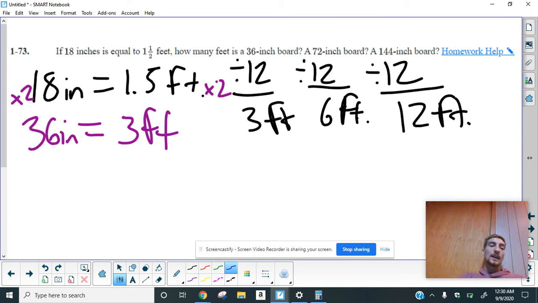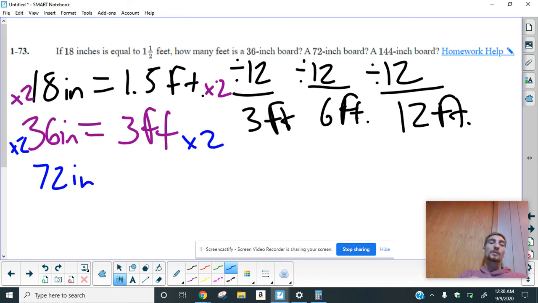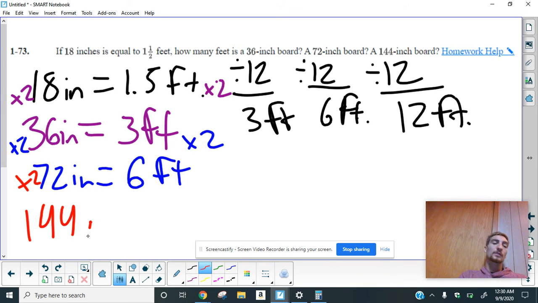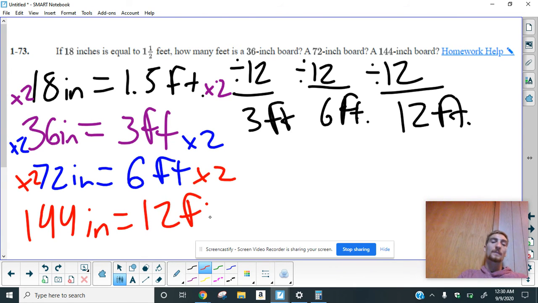And then I can multiply 36 by 2 to get 72 inches, and multiply 3 feet by 2 to get 6 feet. And then I can also multiply 72 inches by 2 to get 144 inches, and multiply 6 feet by 2 to get 12 feet.